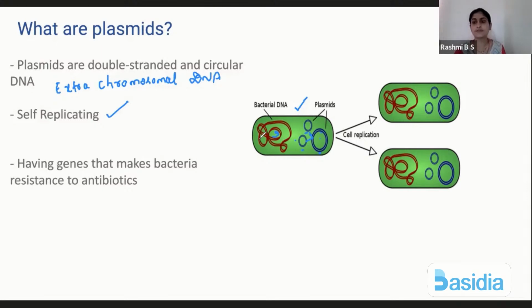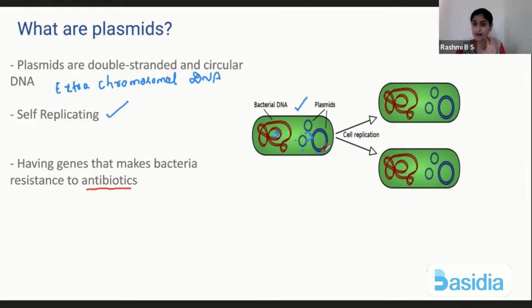See, along with the main DNA, you have plasmid. So what is the importance of plasmids in bacteria, children? These plasmids carry some important genes, like the antibiotic resistance gene. This makes the bacteria resistant to antibiotics.